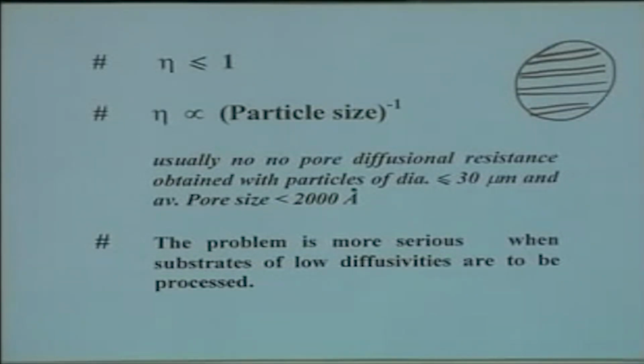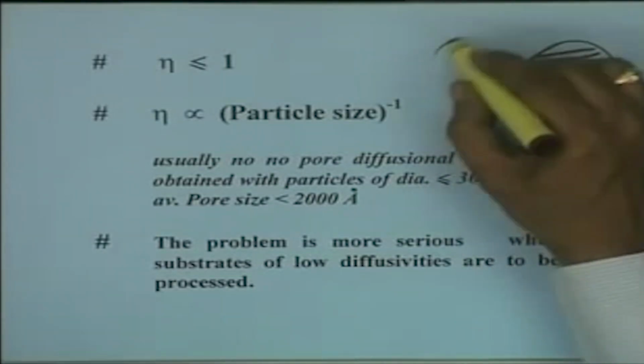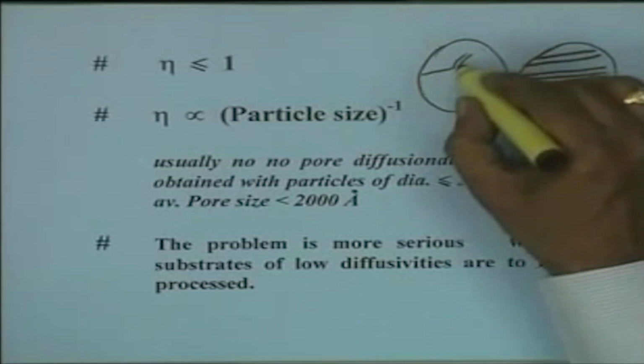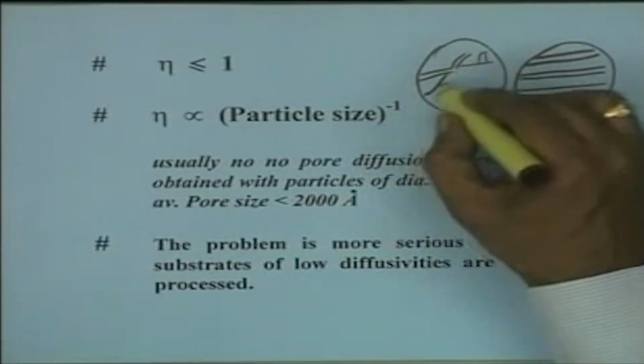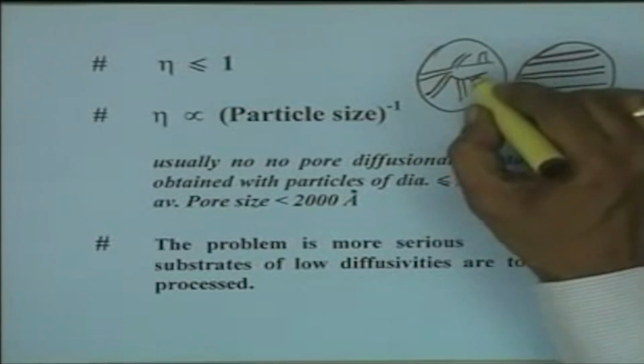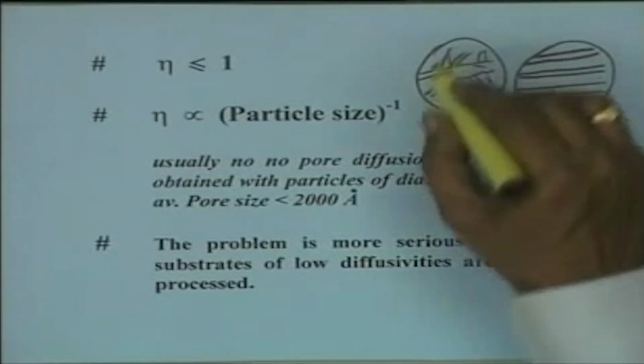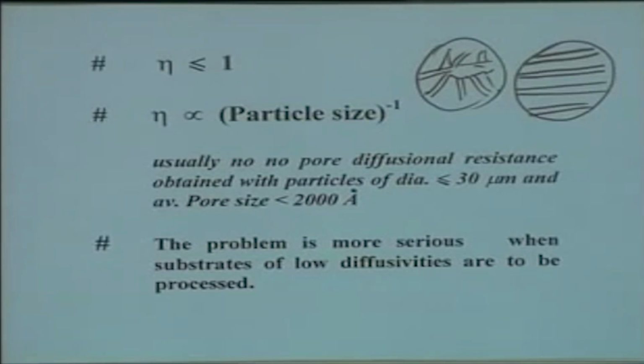Whereas in the case of actual particles, what we encounter in an immobilized enzyme system, the path of diffusion is really not linear and uniform throughout the particle, and it can happen that you have pores going in a random manner in the whole particle. Therefore, the diffusivity that we obtain from the theoretical consideration of a spherical particle may in effect be different from what is obtainable for a particle of that dimension, assuming a uniform cylindrical pore.